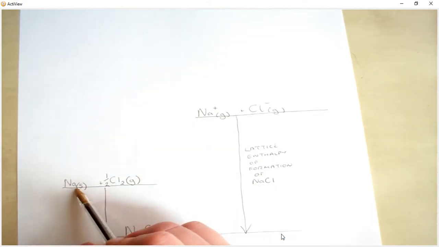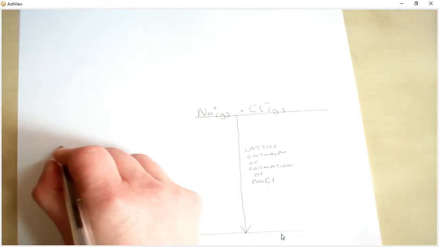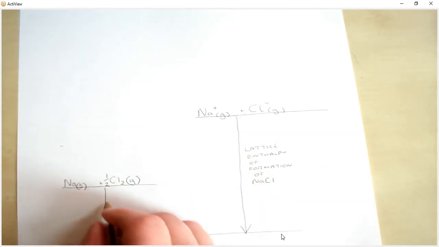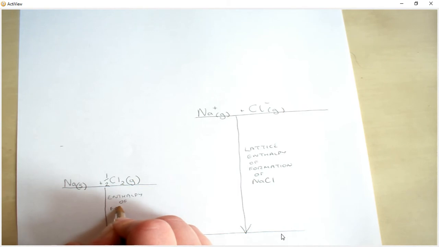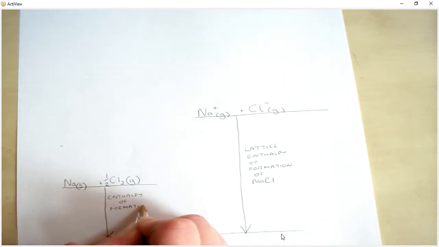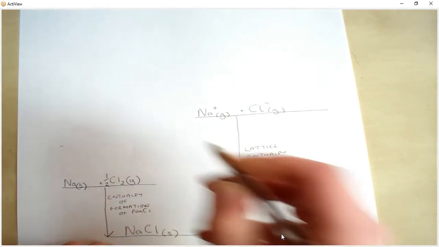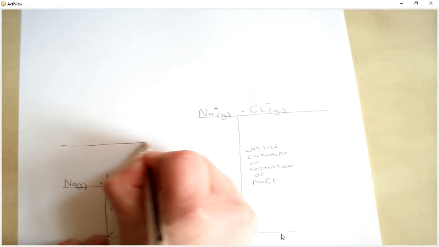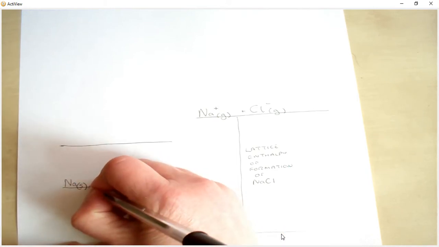So the first step is I need to take the sodium as a solid and I need to turn it into a gas. And this is called the, I've not labeled this. This should be the enthalpy of formation. So that's the enthalpy of formation of sodium chloride. Right, and then here I need to make sure the arrows are going in the right direction.